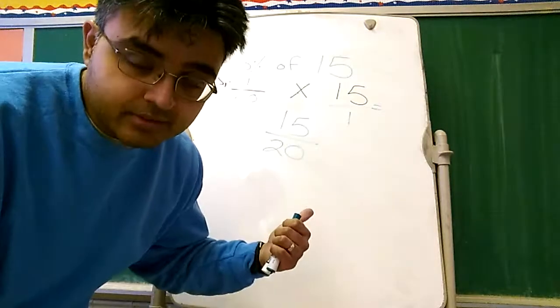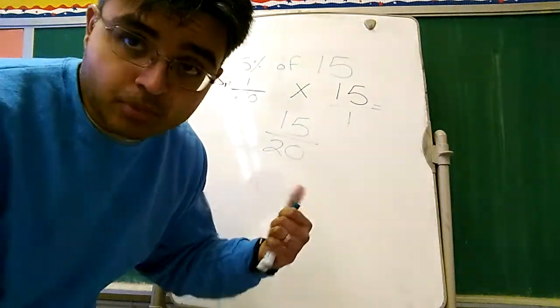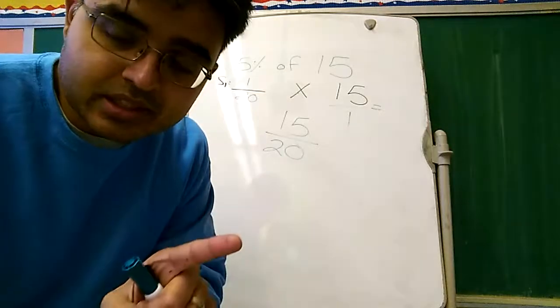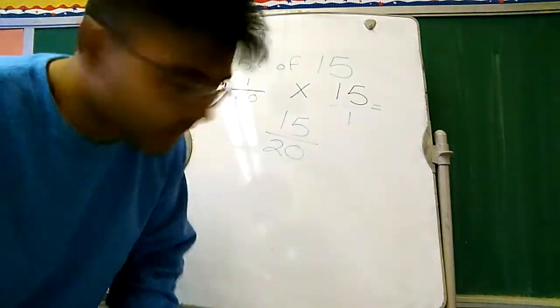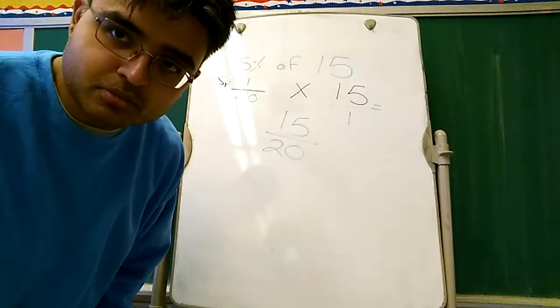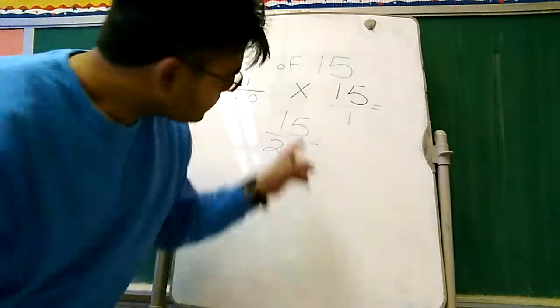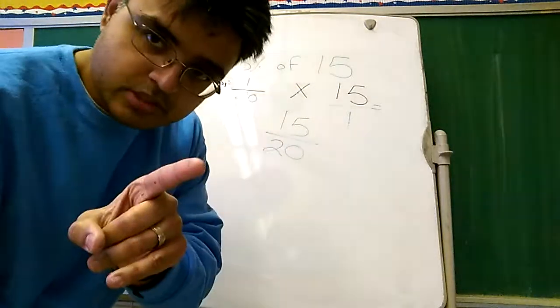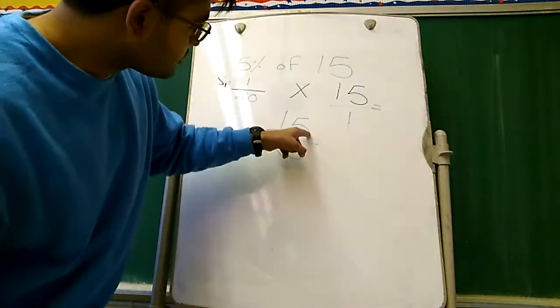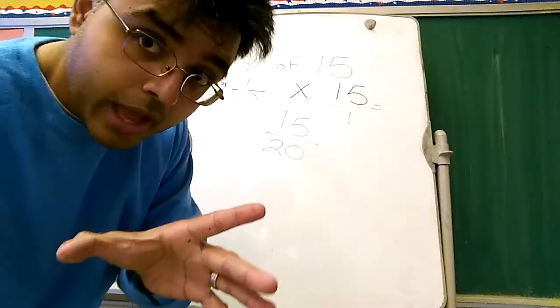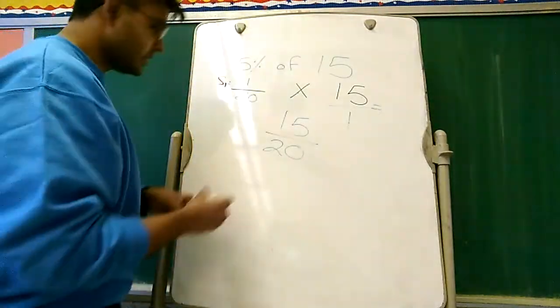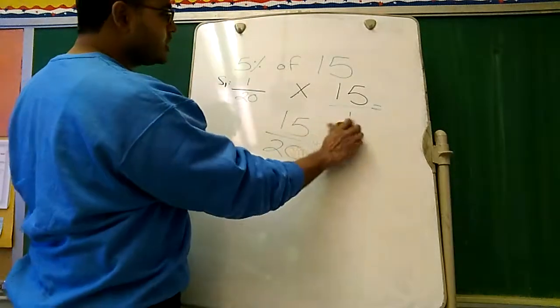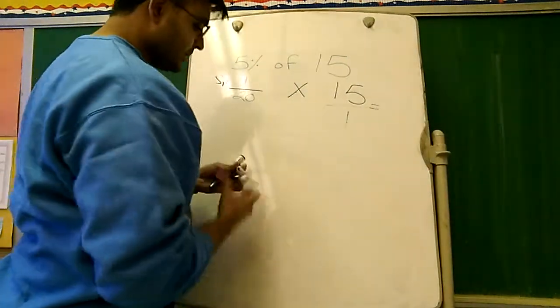But we cannot leave our answer in a fraction form. For percentages, you've always got to leave the answer in a decimal form. So let's change this into a decimal. But before we do that, 15 over 20. Can we simplify it? Let's try. There's a 5 on top, 0 on the bottom. Perhaps 5 could work. Let's use, again, our favorite technique in the world, GCF.